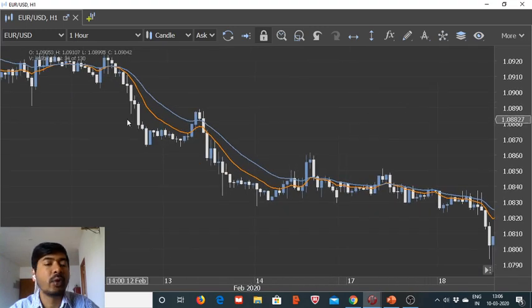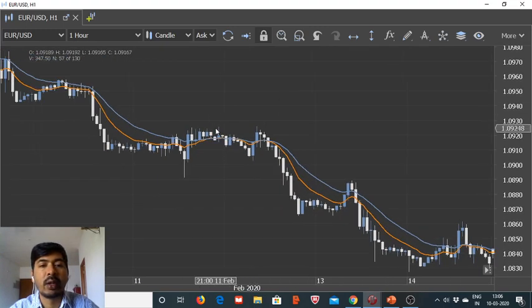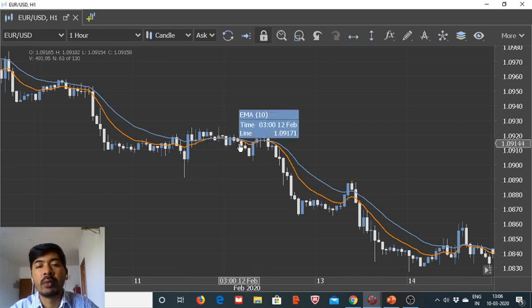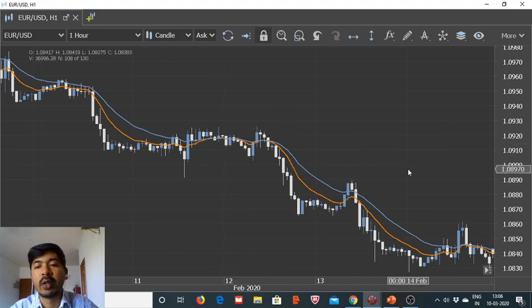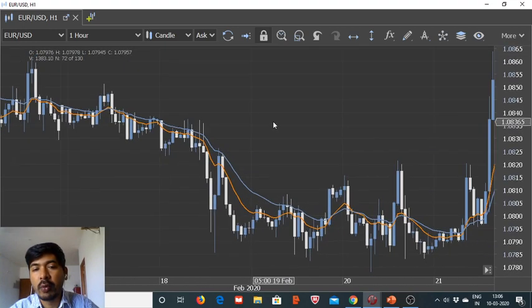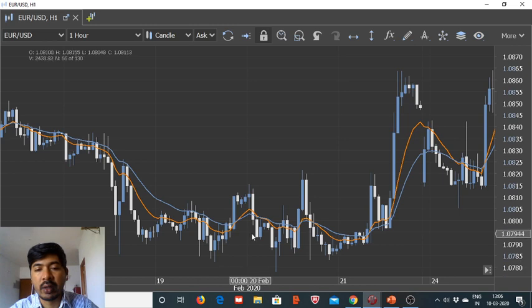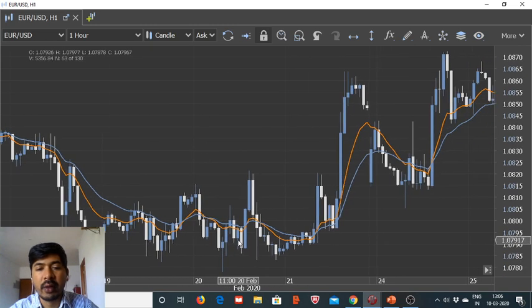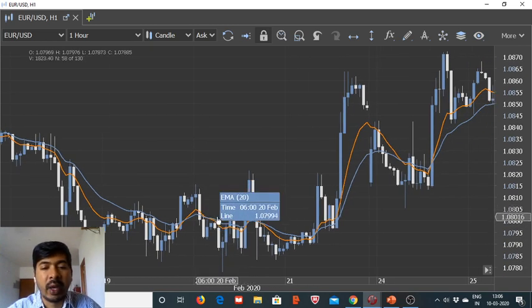But we can utilize these EMA crossovers. When the EMA 10 crosses above EMA 20, we can look for a buy trade. When the EMA 10 crosses below EMA 20, we can look for a sell trade. And to cut down on volatility, as you can notice that on this hourly chart, the volatility is pretty high.